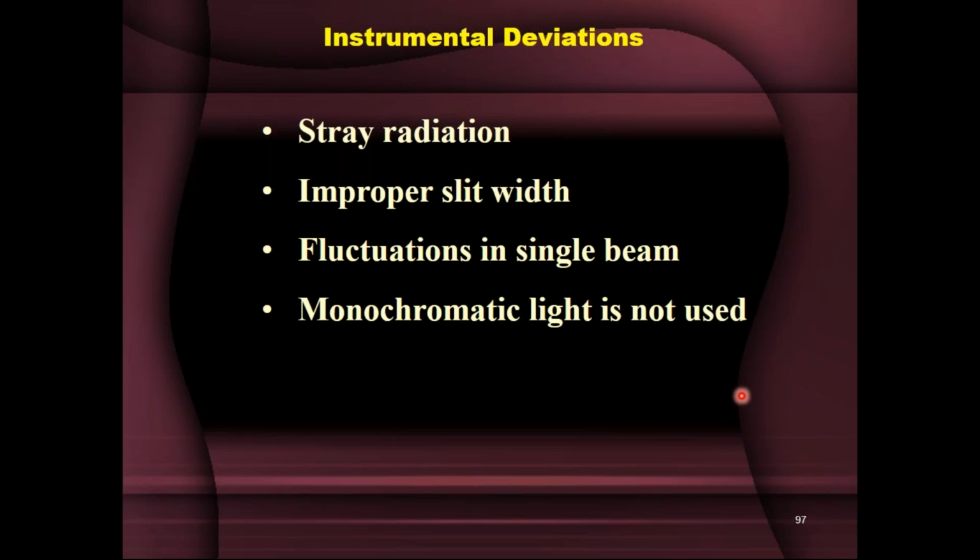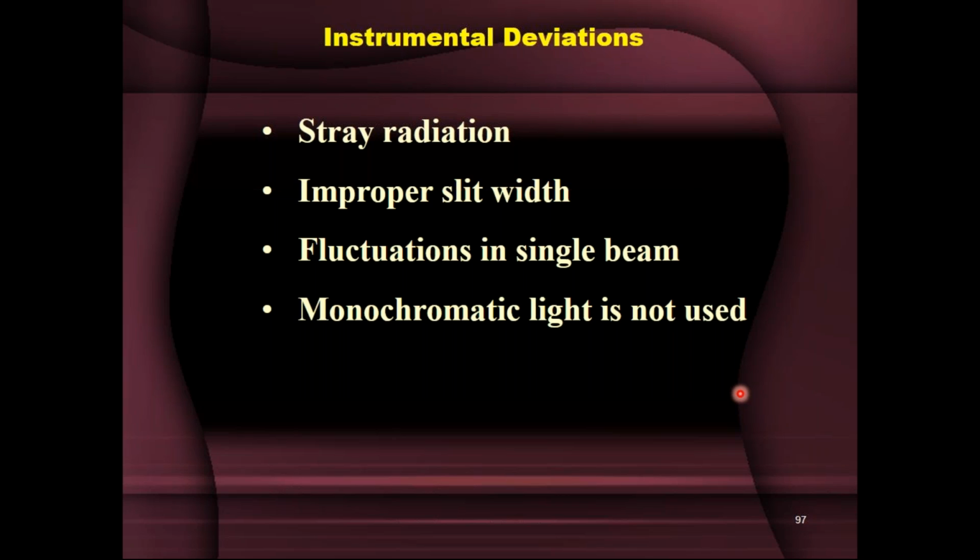So how many sources can be supplied with an instrument? As such, lasers are very expensive. And if a laser had to be supplied for each wavelength, what would be the cost of the entire instrument? It is not practically possible. And that's why polychromatic sources, which cover a given region of the electromagnetic spectrum, are used.